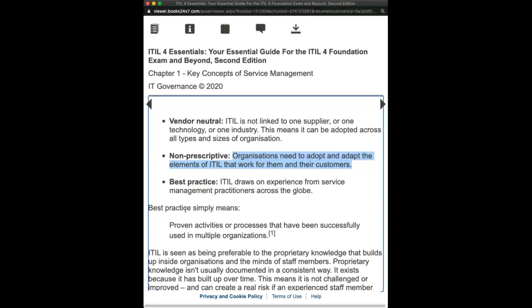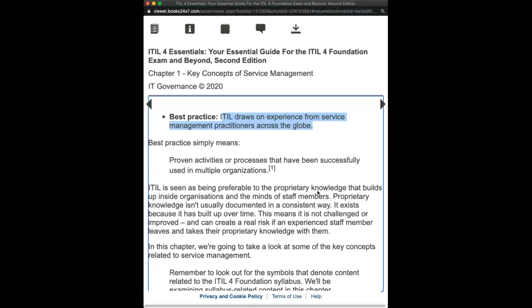So, best practice. It was already mentioned up there, it draws experience from service management practitioners across the globe, right? So, what is best practice? It's basically proven activities or processes that have been successfully used in multiple organizations, right?